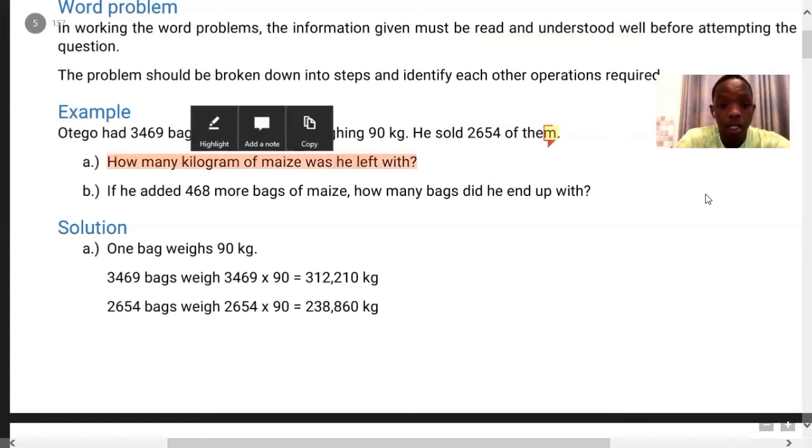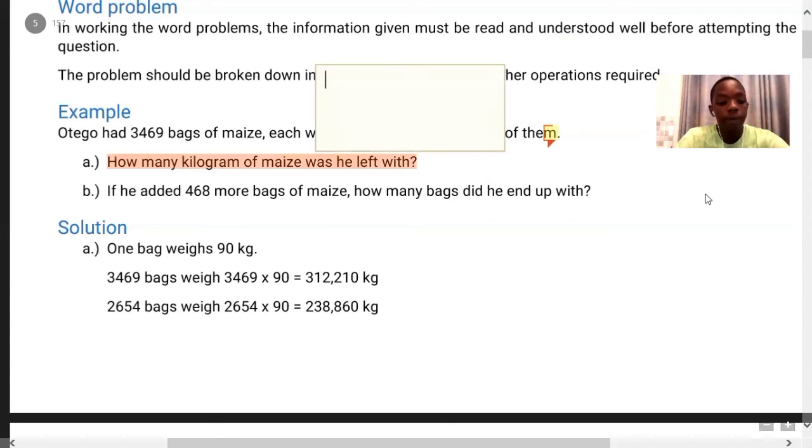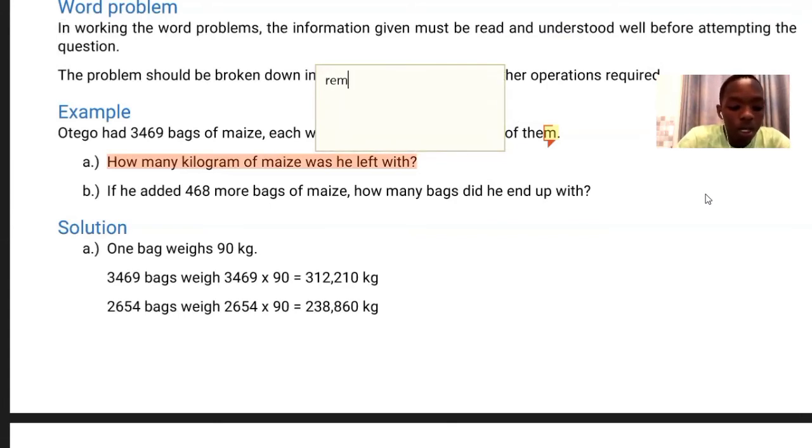So the first answer, if he was left with remaining kg is equals to kg of each bag multiplied by remaining bags.